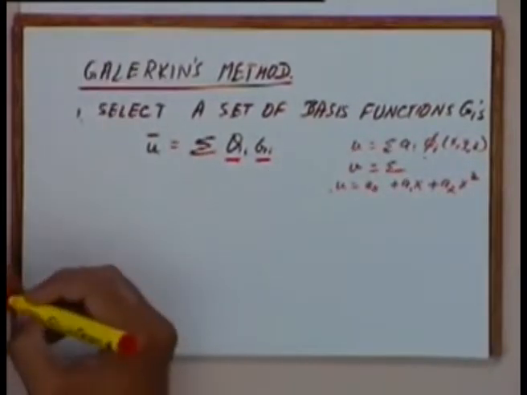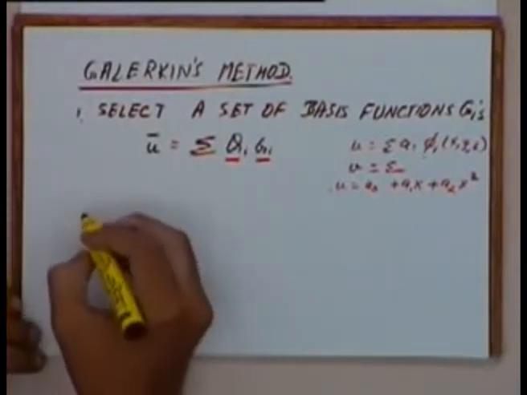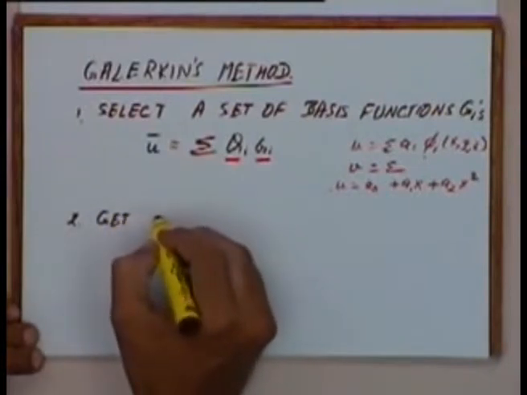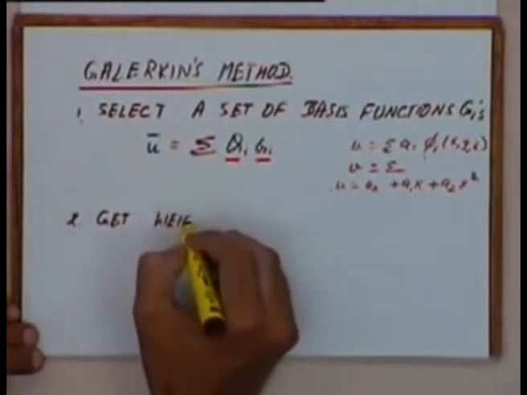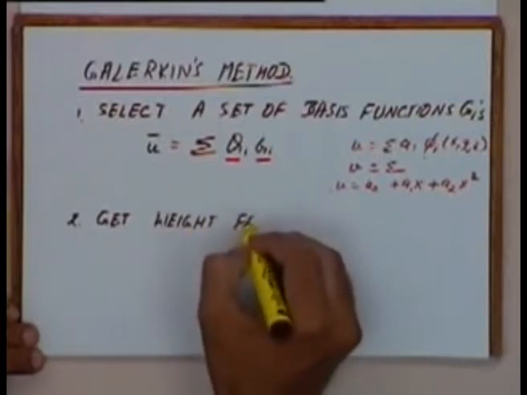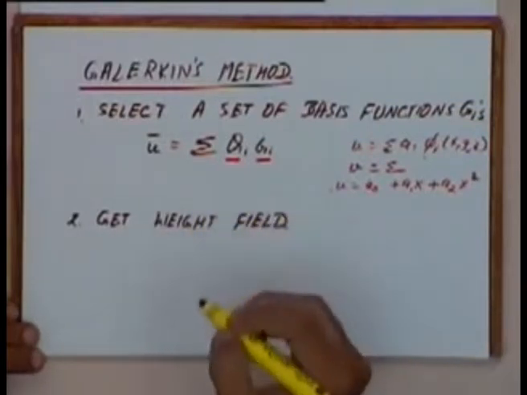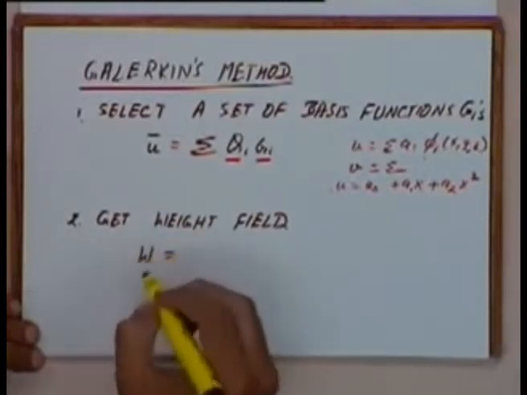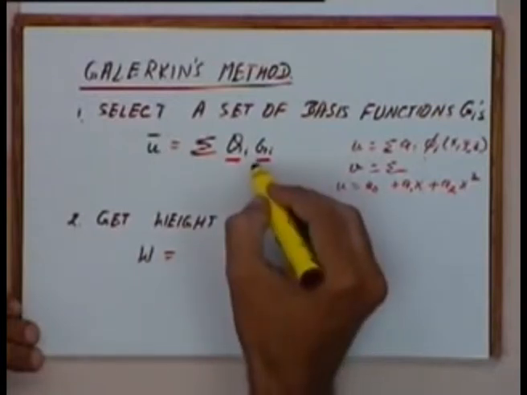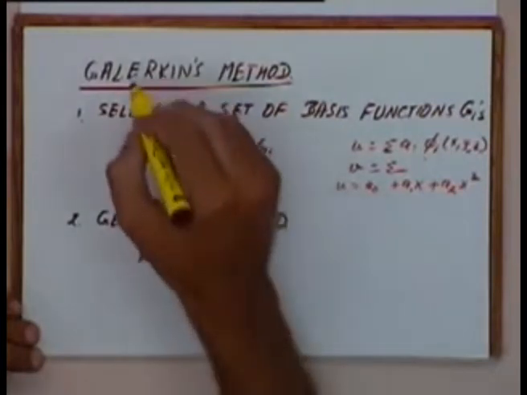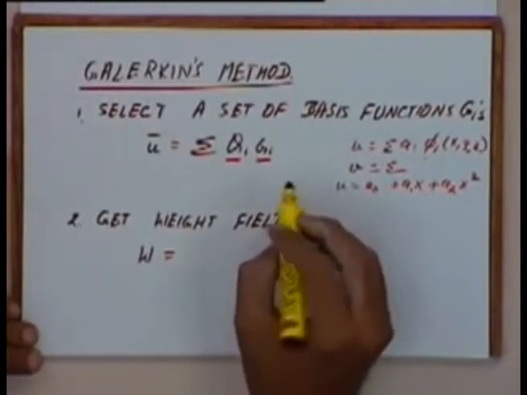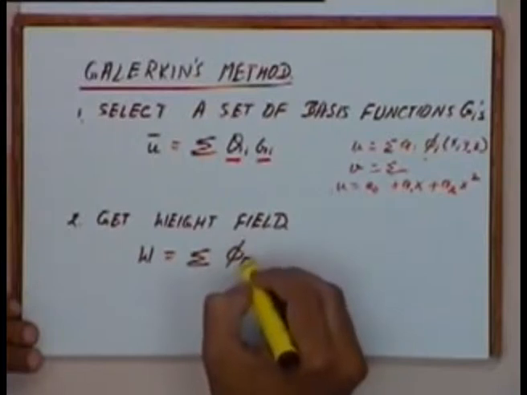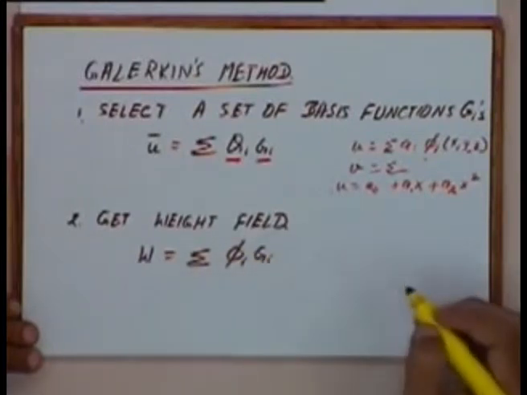Then the next step is to get the weightage field or weight field. Okay, and for the weight field we will say that this weight field W will use the same basis functions, that is a restriction in the Galerkin's approach. We will use the same basis functions gi and we will say, let us say, this is sigma some other parameters times gi.